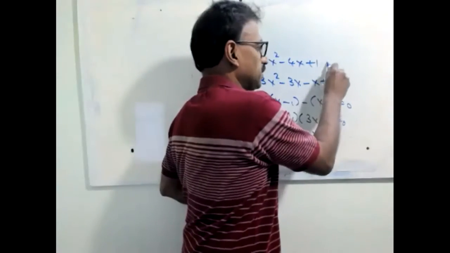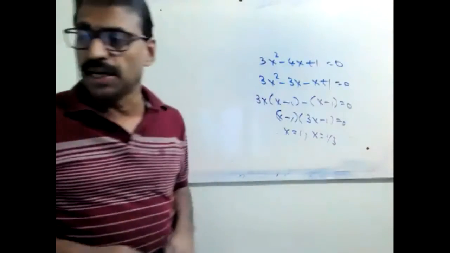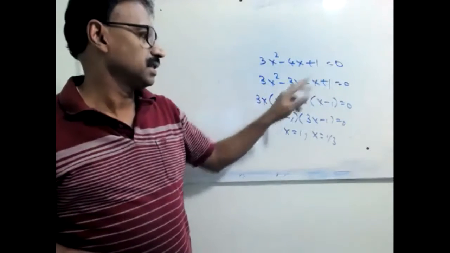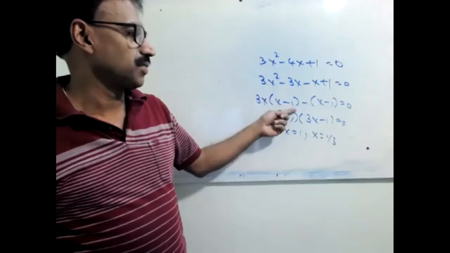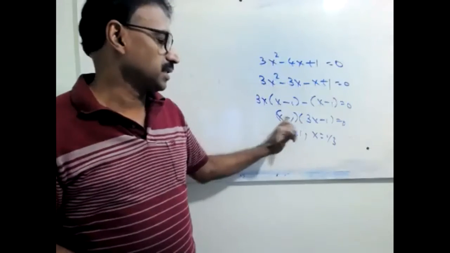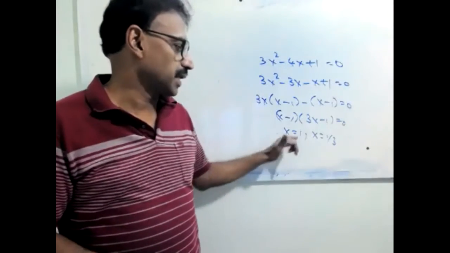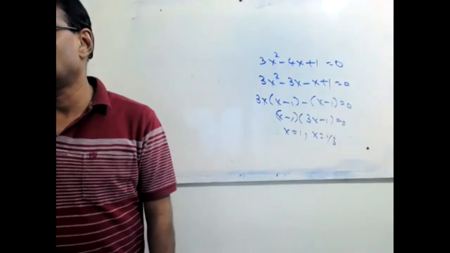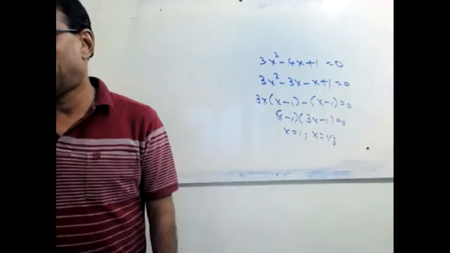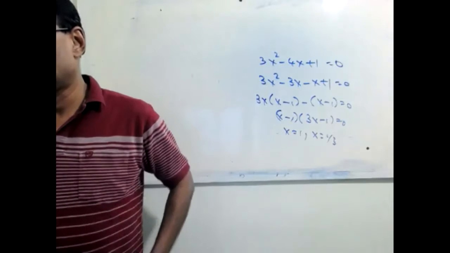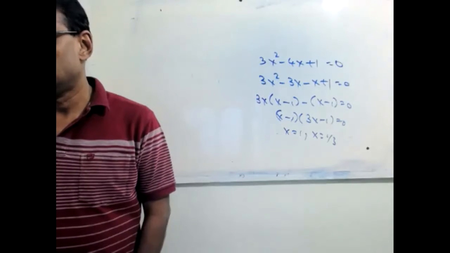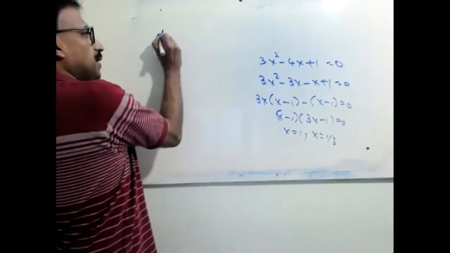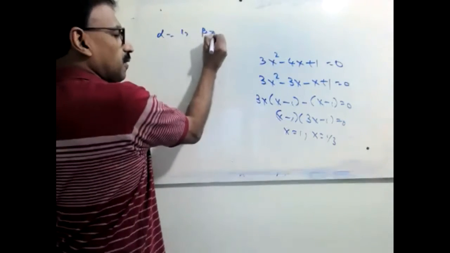Splitting the middle term, 3 and 1, minus 3x minus x. 3x outside, x minus 1, minus outside, x minus 1. X minus 1 into 3x minus 1 equal to 0. X equal to 1 and x equal to 1 by 3. Clear now? That means we got alpha equal to 1, beta equal to 1 by 3.